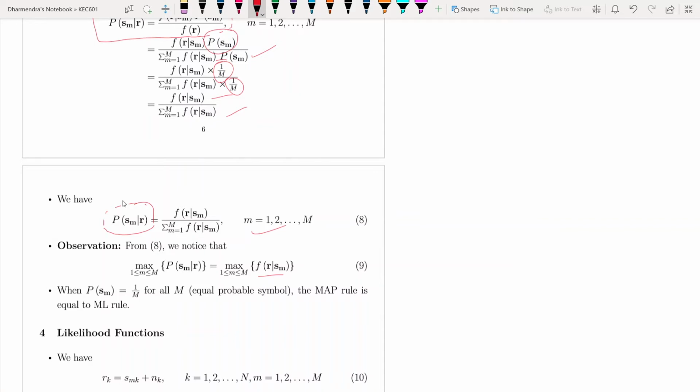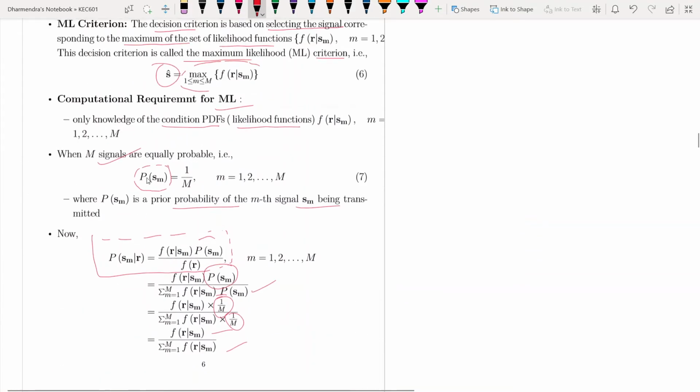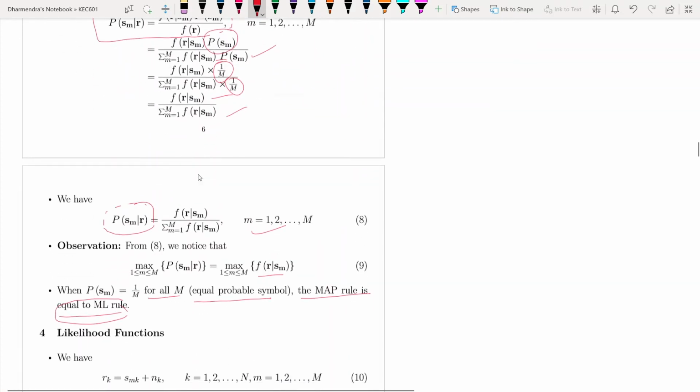That's why when the prior probability is 1 by M for all M, that is, equiprobable symbols, the MAP rule is equivalent to the ML rule. When the M signals are equiprobable, we find that both rules are the same.